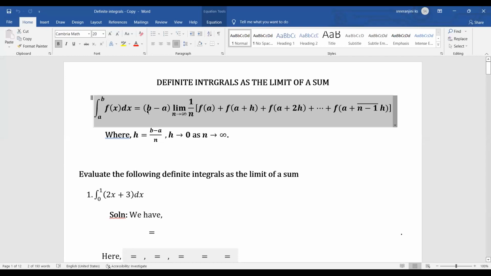Now, how are we evaluating this as the limit of a sum? It is like this.